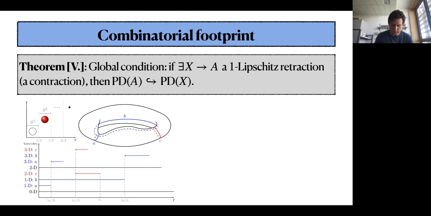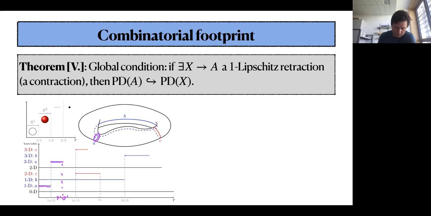So on our torus, there are two contractions that are kind of natural. One is onto A, and the other one is onto B. And say, if you take this one, our result will state that you have a one-dimensional bar, and then you have a three-dimensional bar going to twice the length of A divided by 5.